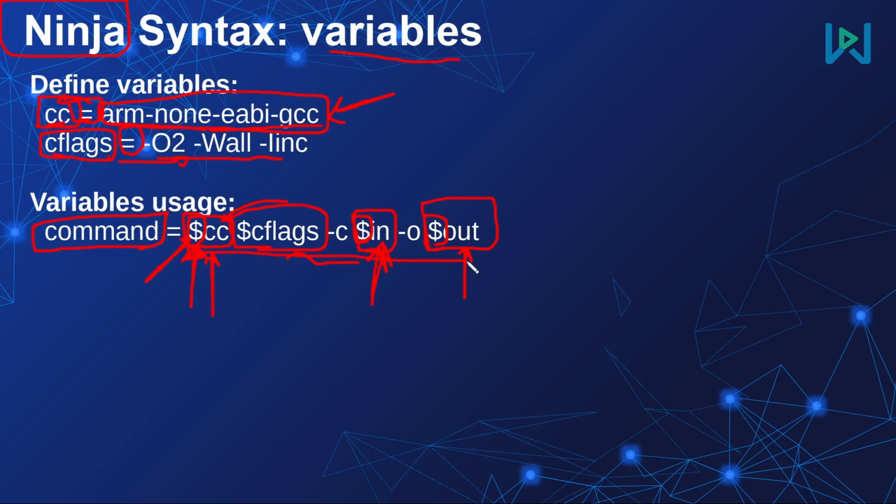So here I have the full list needed to compile our project, and this list has been used to initialize our command variable. Then later on, we can invoke this Ninja variable command to compile our project, as you can see.